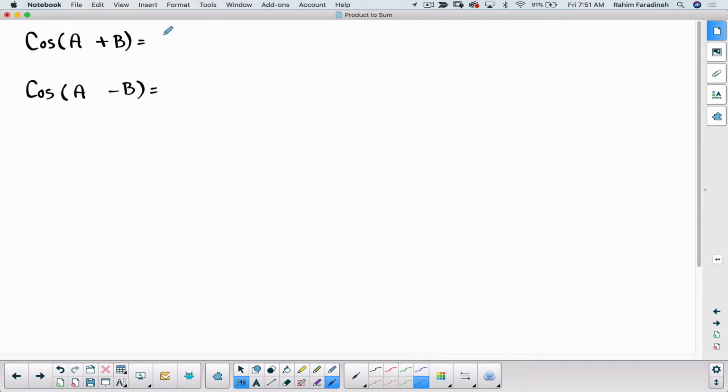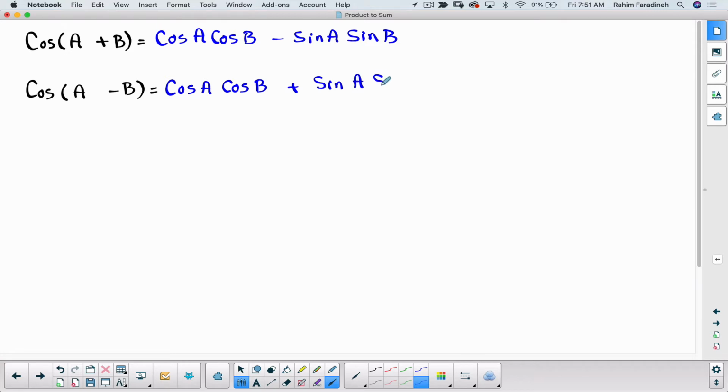In cosine of a plus b, we have cosine a cosine b minus sine a sine b. And for cosine of a minus b, we had cosine a cosine b plus sine a sine b.